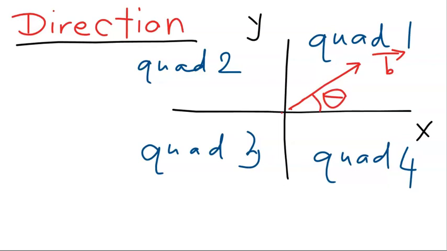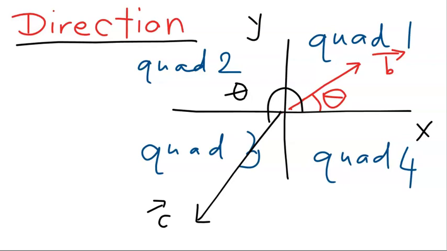If you have another vector, let's say in quadrant number 3, like that, the direction of this particular vector, let's call this vector C, is given by an angle defined like that. Let's call that theta. And as you can see, theta is measured beginning from the positive x-axis, going counterclockwise all the way until you hit the vector in question.